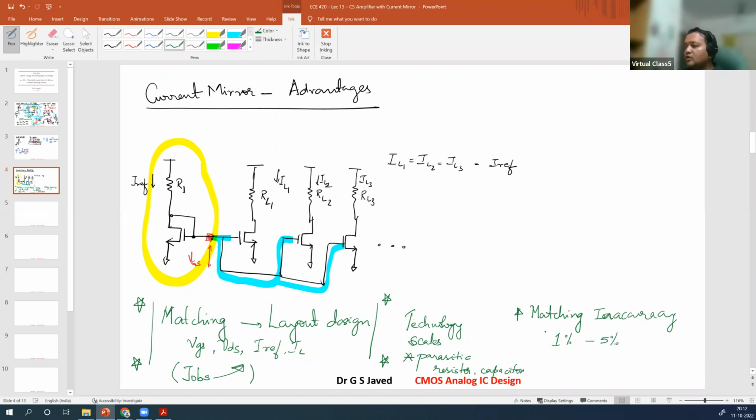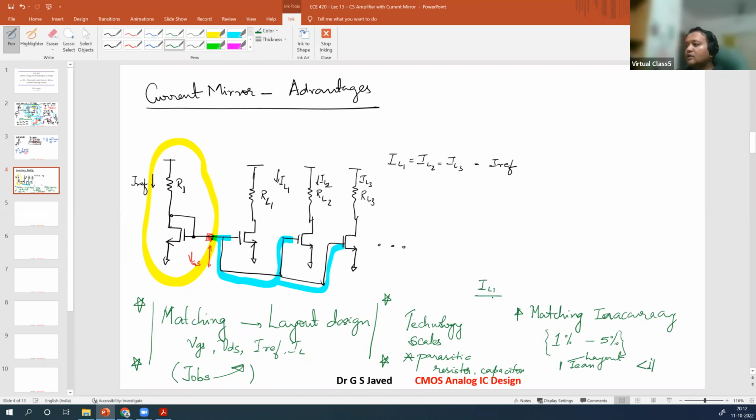This is typically the widest range. The spec that your layout team lead will give you is, I need an inaccuracy of 1%. What does that mean?